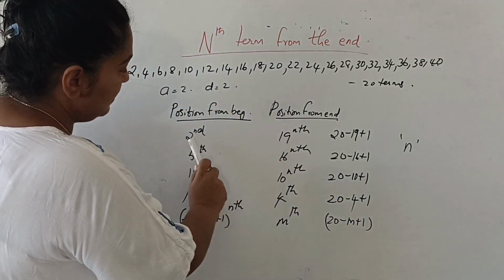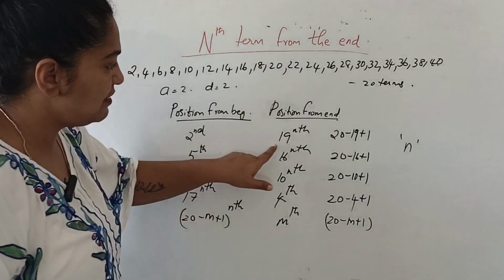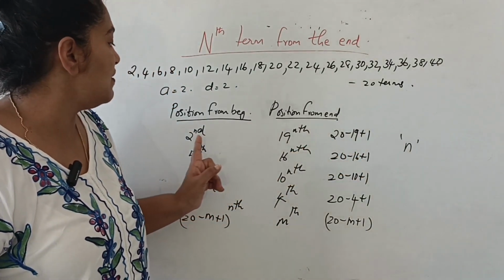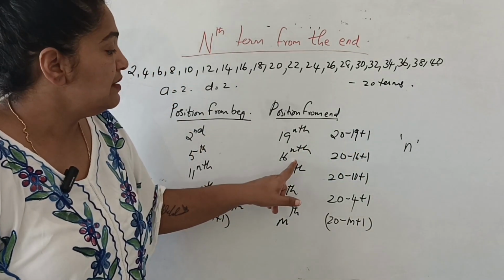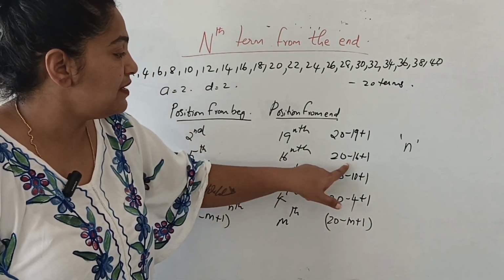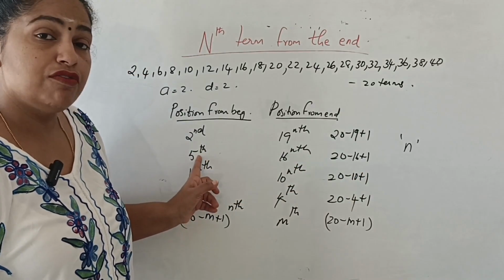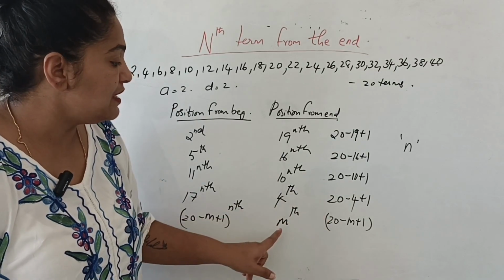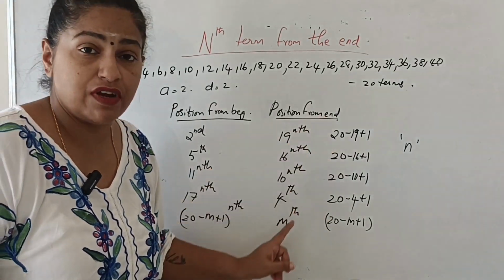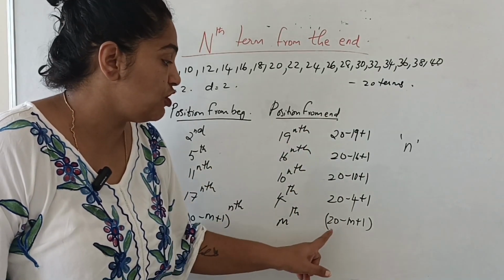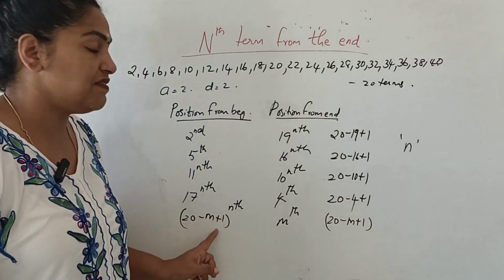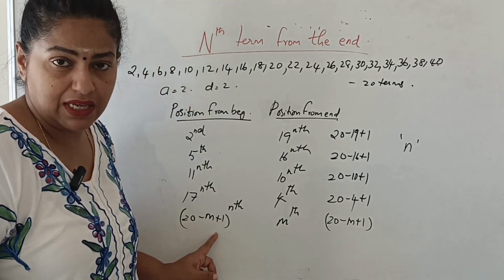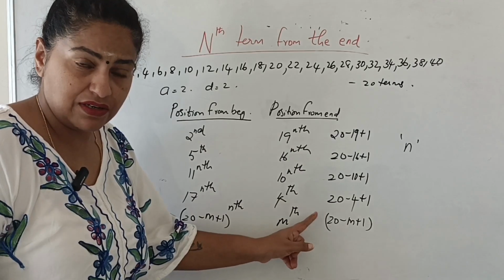So the 19th term from the end is at the position of 20 minus 19 plus 1, that is the 2nd term from the beginning. The 16th term from the end is at the corresponding position from the beginning, and the pattern continues. So if there is a term at the mth position from the end, it is at the position 20 minus m plus 1 from the beginning, going by the same pattern.